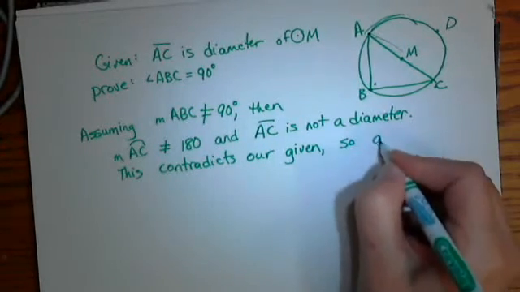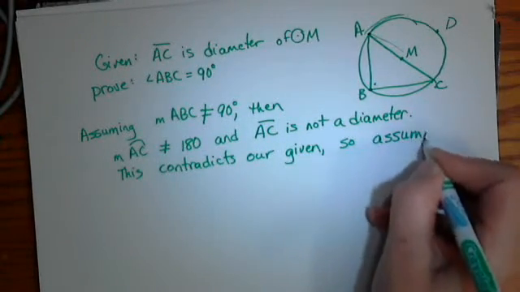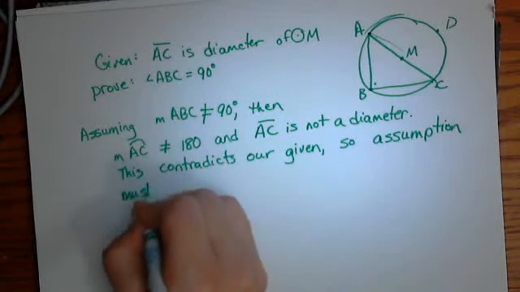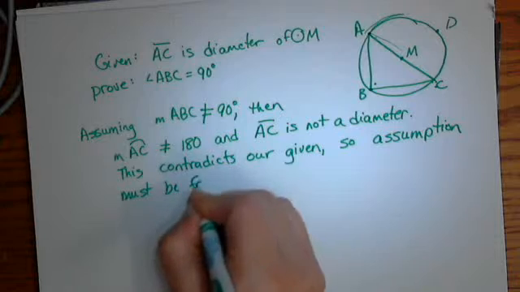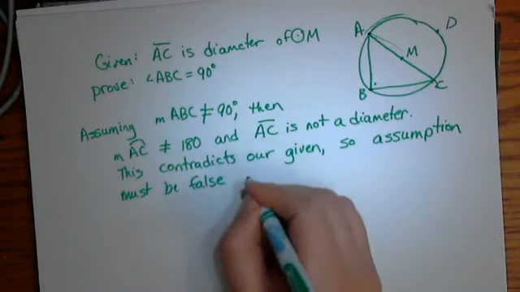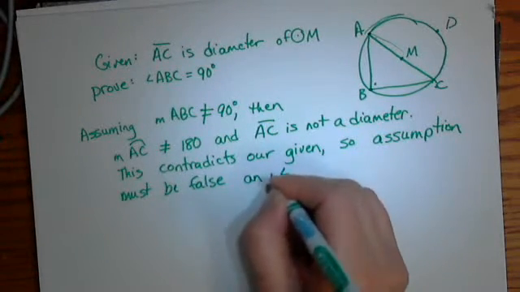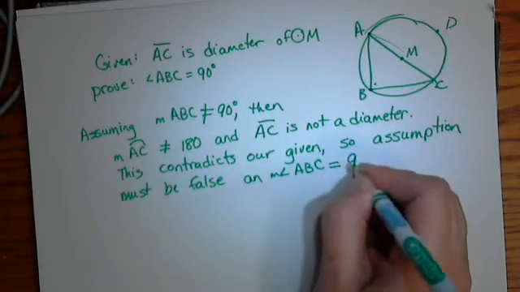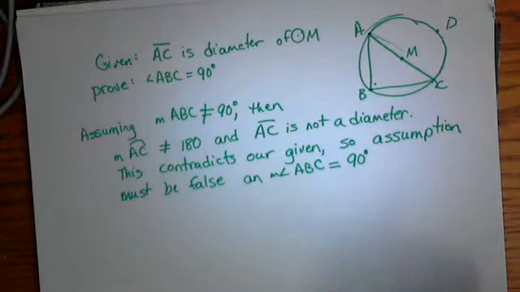So our assumption must be false. And the measure of angle ABC must be 90 degrees. Okay.